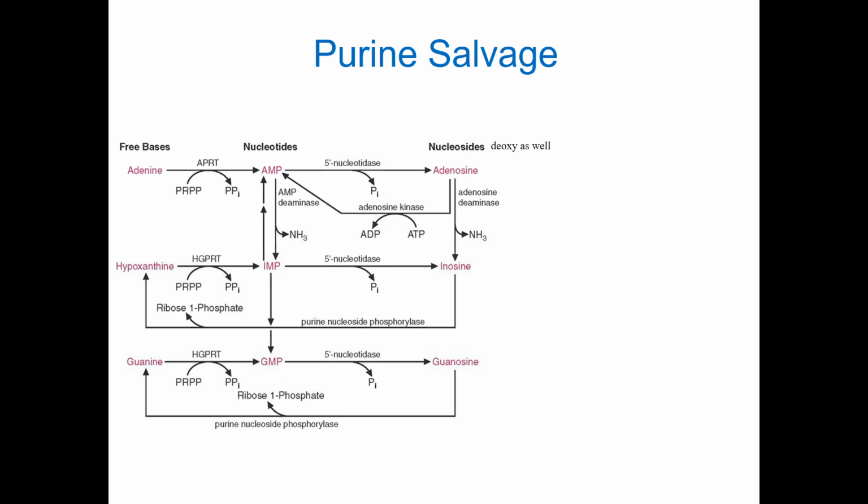So these may not look like very complex or even ultimately very important reactions, but there are a few disorders that I think are worth you knowing that really demonstrate the importance of the reactions.